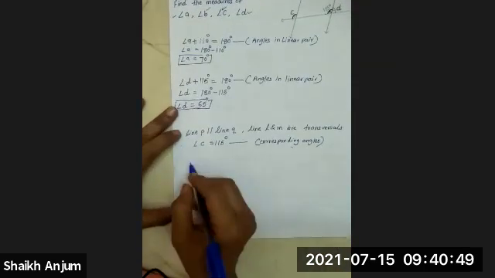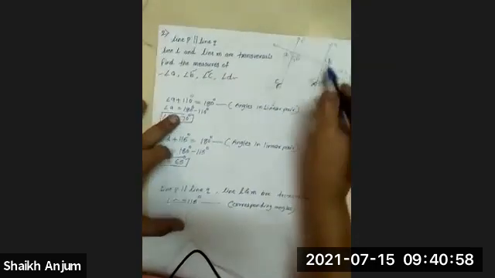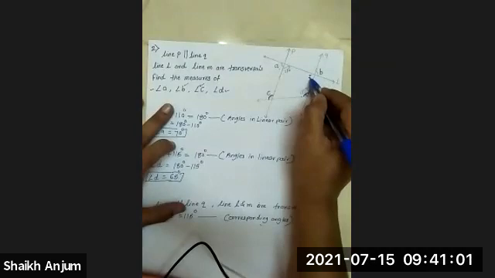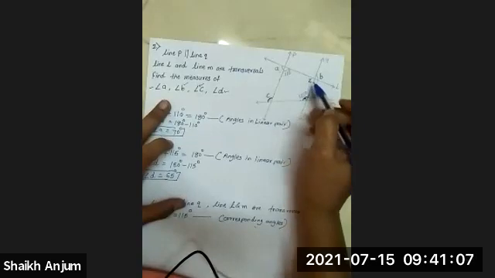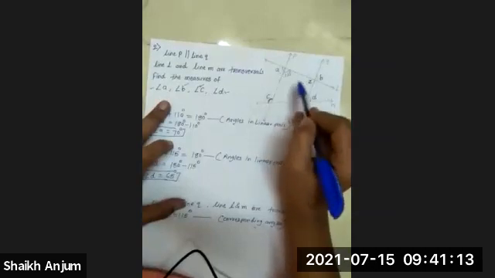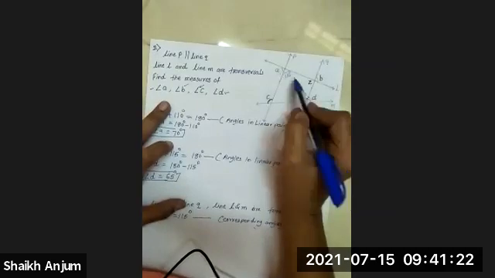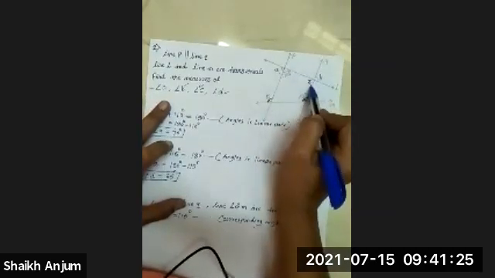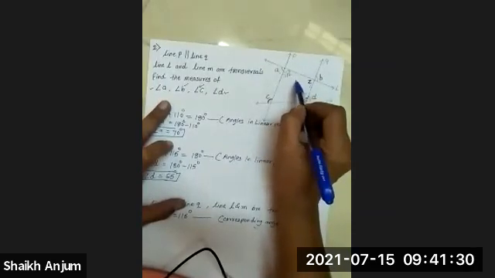Now for angle B, see here, for our convenience, we will mention here angle Z. Now, line P and line Q are both parallel to each other. This is a pair of interior angles, and interior angles are supplementary, that means their measurement is 180 degree.